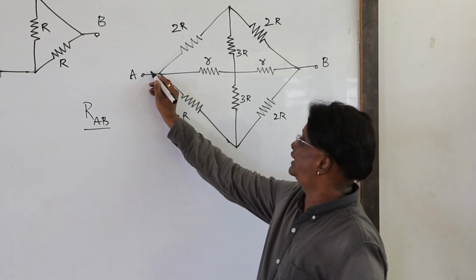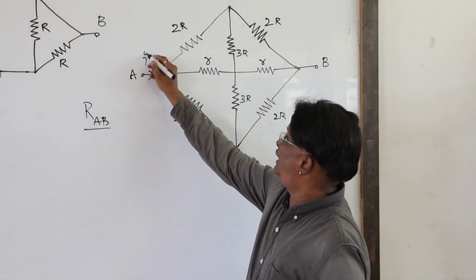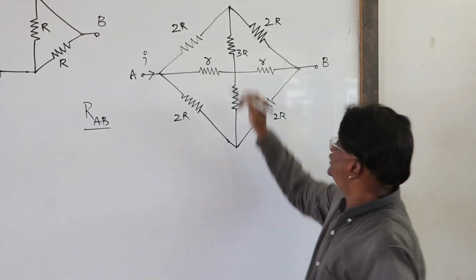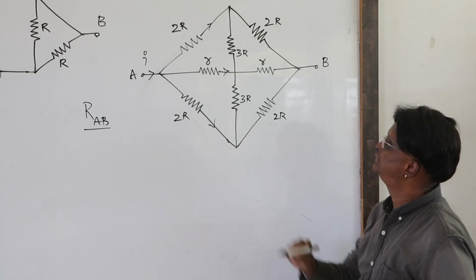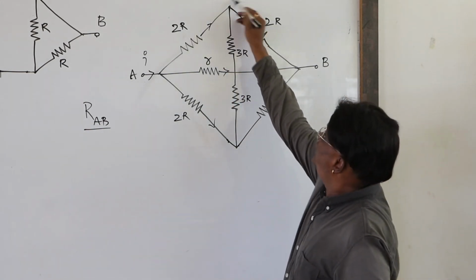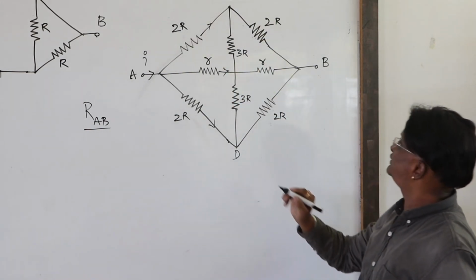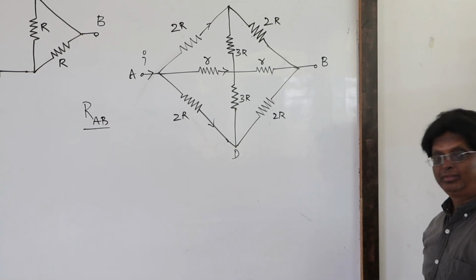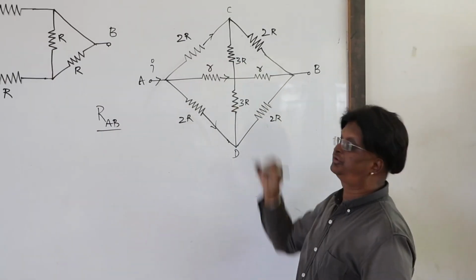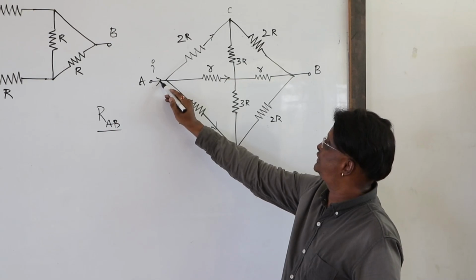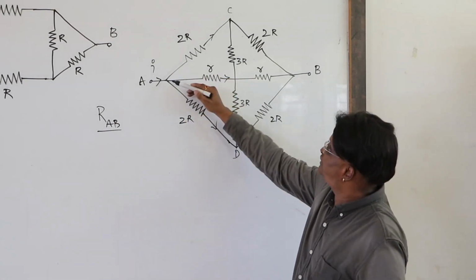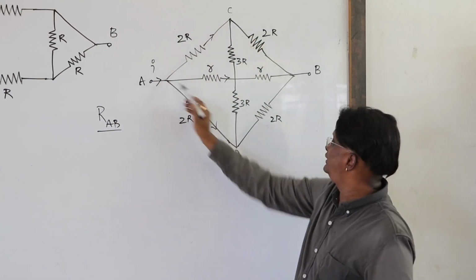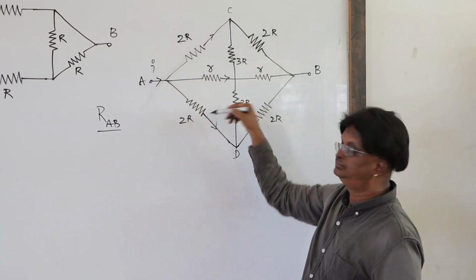Therefore, whatever current, supposing this is current I, that's the splitting when it takes place. Let me call these node points, nodes, as C and D. Then, because of this symmetry, what you observe, this current divides equally in the branches A, C and A, D because of same resistance.